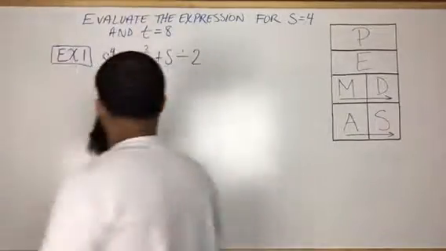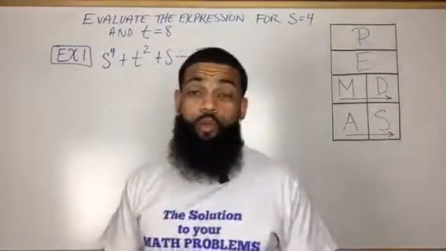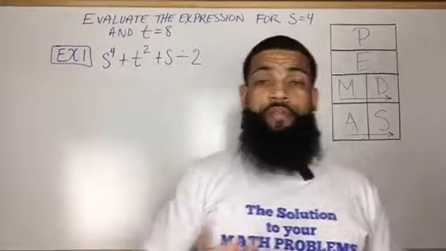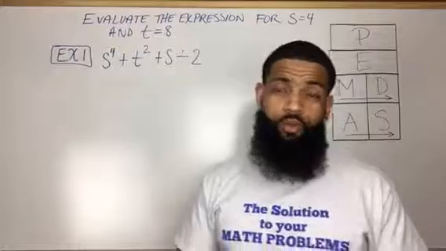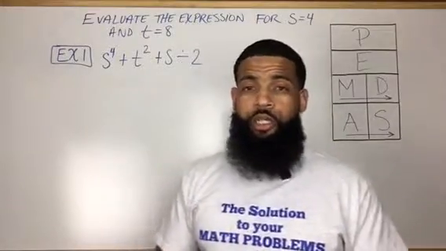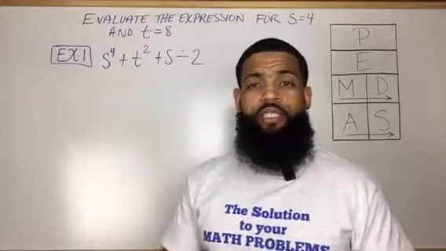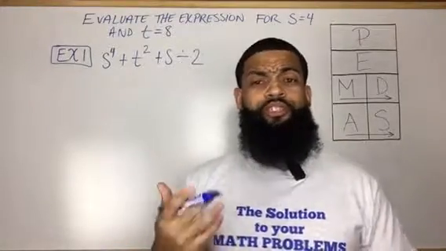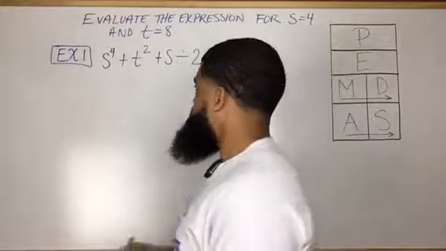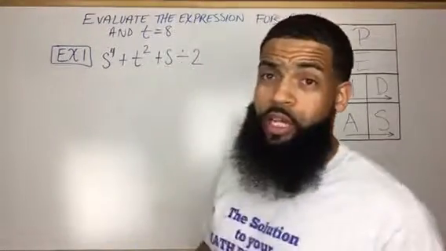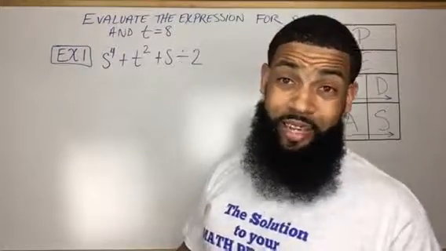All right. So notice when it says evaluate, anytime you see evaluate an expression, they have given you a value of the variable. So whenever you solve an equation for a variable and then you plug that variable back into the equation or the expression, you're actually evaluating that. Okay, so notice everywhere I see an S, I'm going to change it to 4. And everywhere I see a T, I'm going to change it to 8.